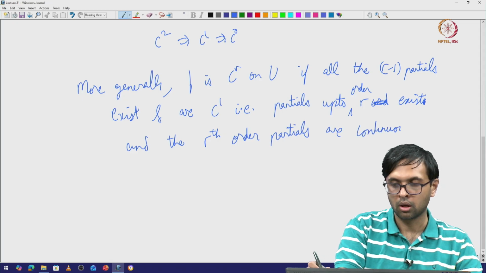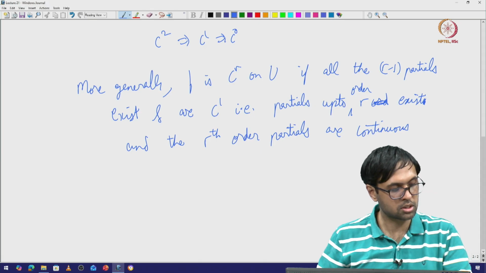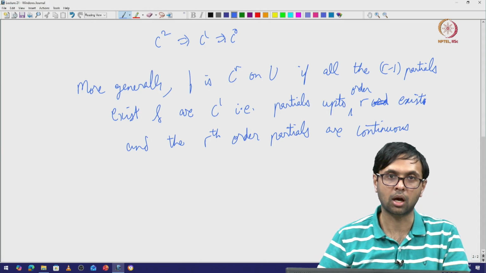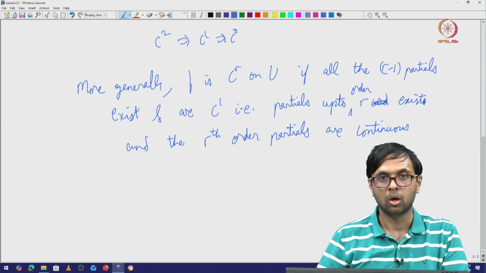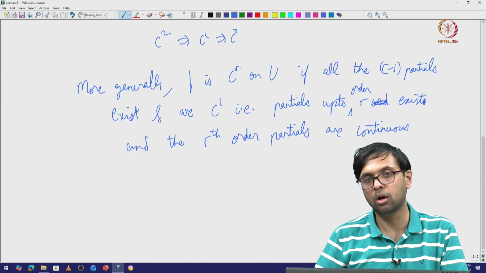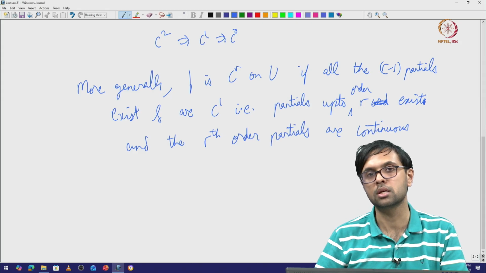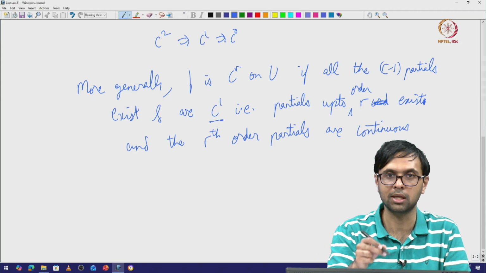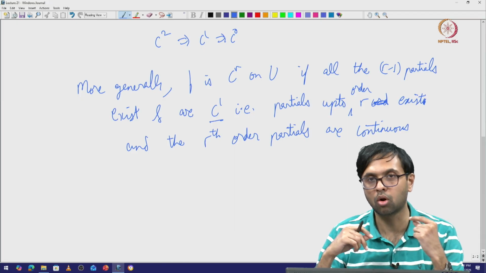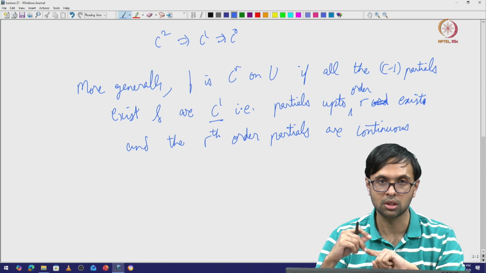Now, because the rth order partial derivatives are continuous, what does that mean? That means the (r minus 1)th order partial derivatives are C1. So because they are C1, the (r minus 1)th order partials are all differentiable functions.